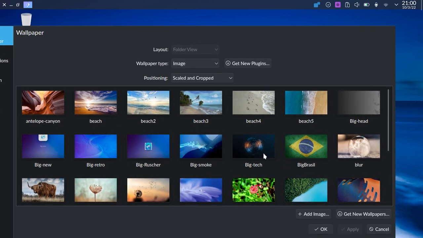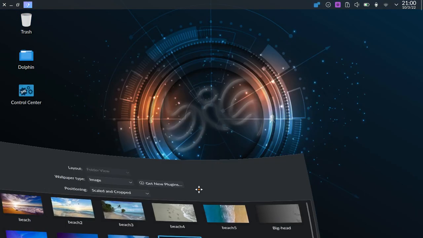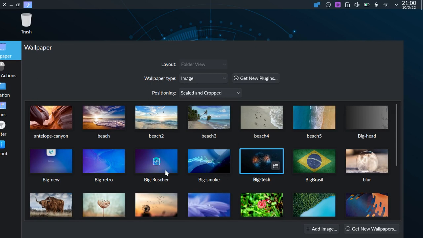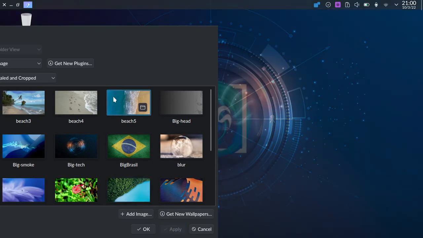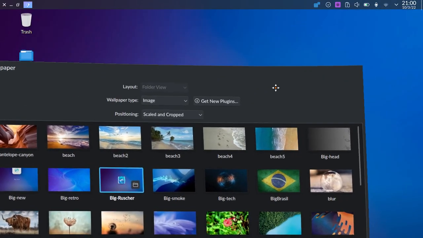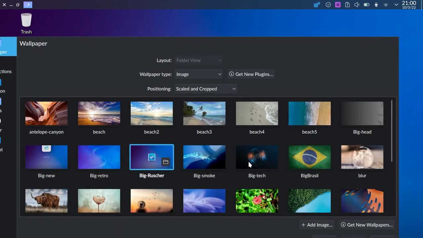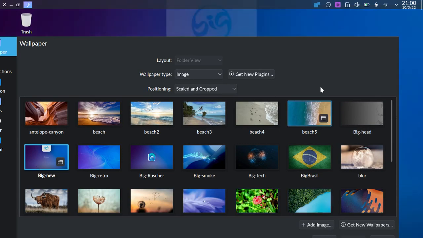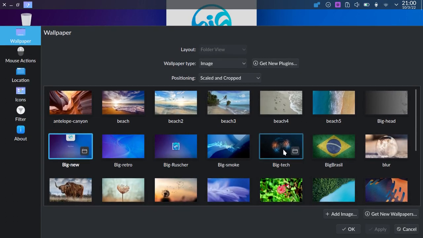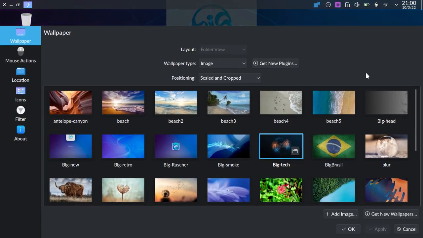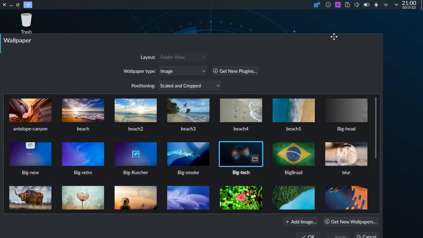This one, this one, this one. I like the BIG compared to this one. Yeah, kind of obvious. I like this one. How about this one? Yeah, obvious. Much better. I like that one.